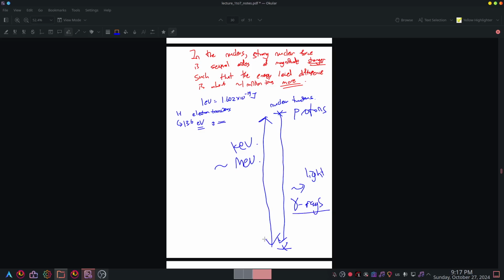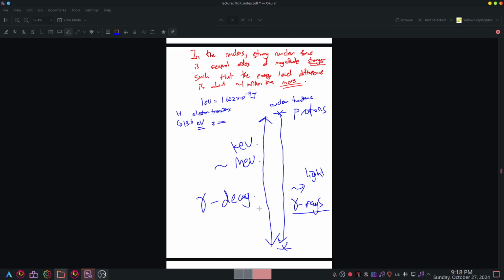If you are wondering where gamma rays come from, some of them, not all of them, come from nuclear transitions where protons in some excited state de-excite and have to release energy in the form of light. So they release energy in the form of gamma rays, and this is why we have gamma decay.